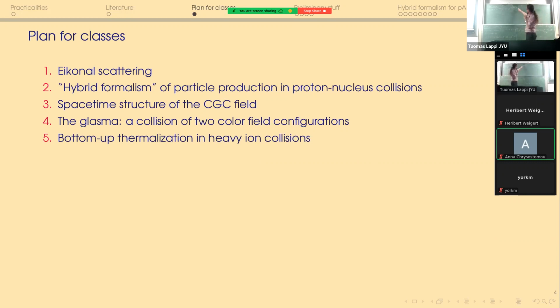Good. So here's my outgoing wave. I just introduced the 1 minus 1 by hand. So this thing here is something that is sometimes called the eikonal phase.